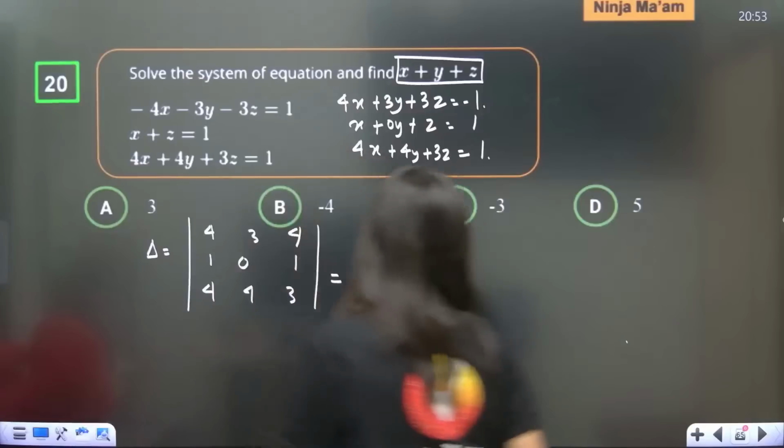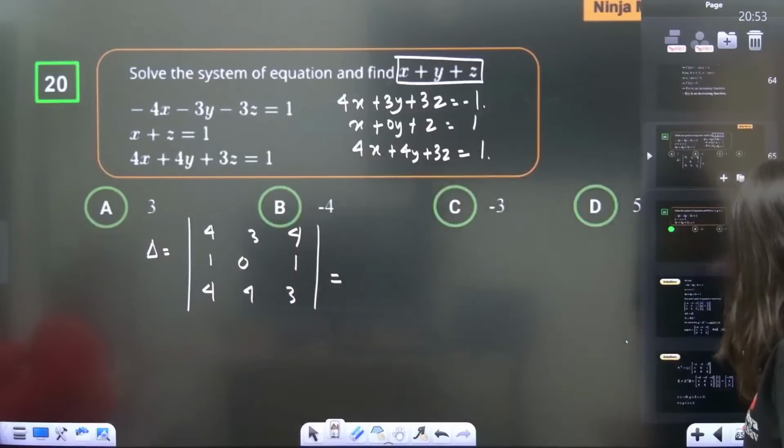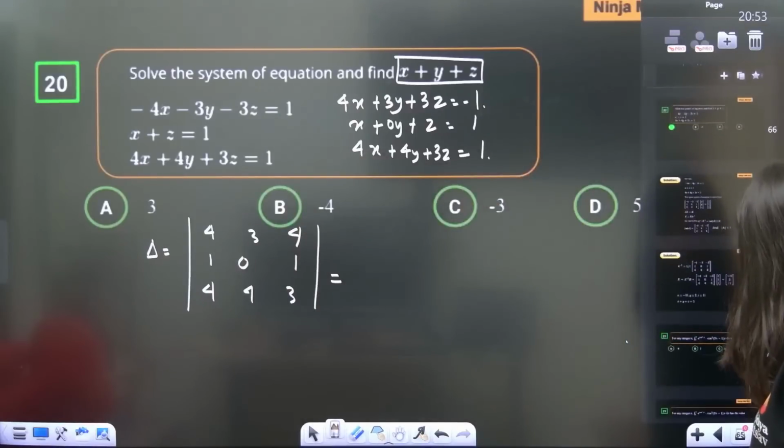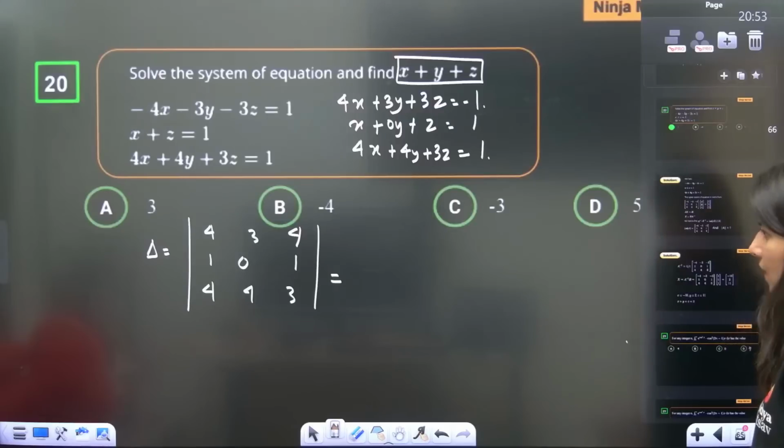Delta value, can anybody tell me? The value of that delta will be what? I need to calculate.